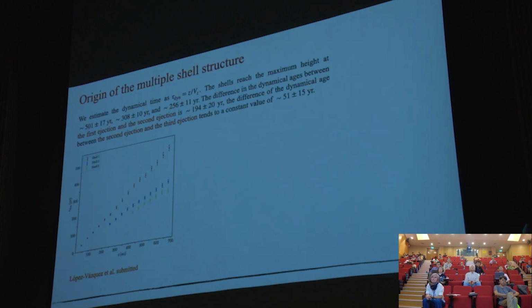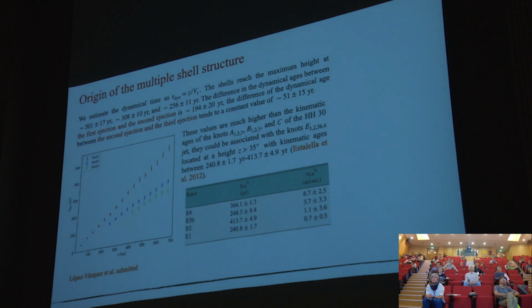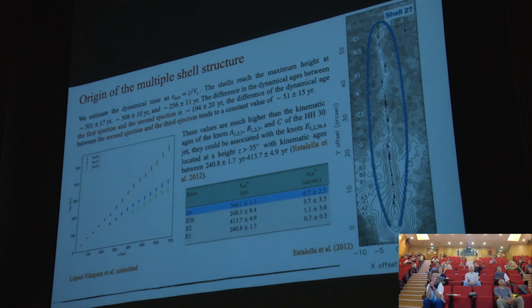With this assumption, you can measure the dynamical age, and we obtain that the external shell, or shell 1, presents an age of around 500 years, while the medium shell is around 300, and finally the inner shell is around 250 years. If we compare with the nodes presented by ASIAA in the jet, we find that shell 2 is different from the A4 node.